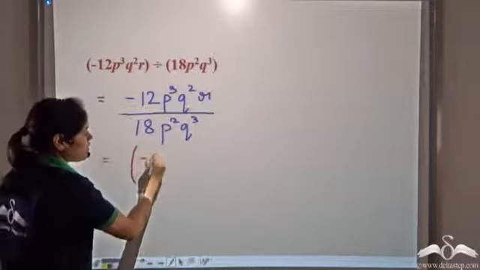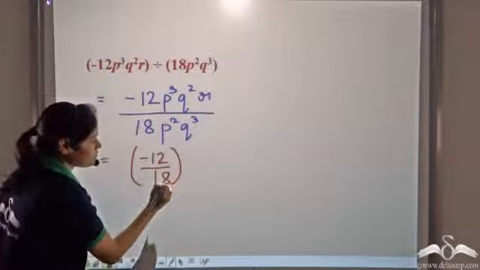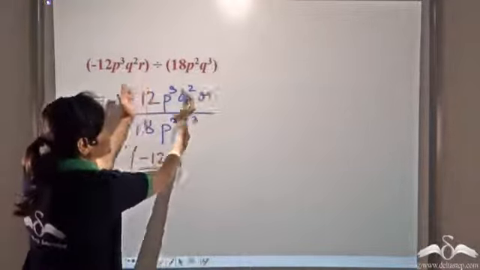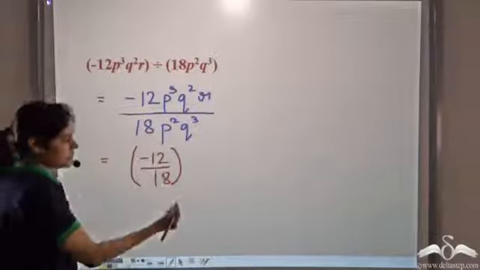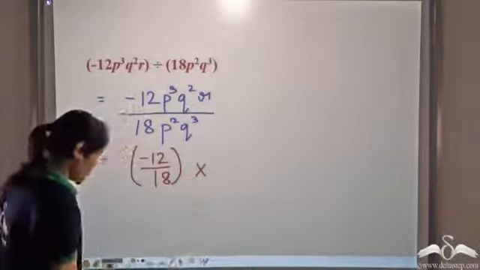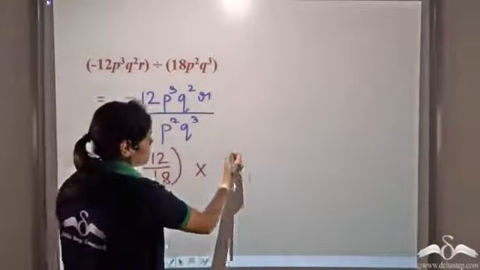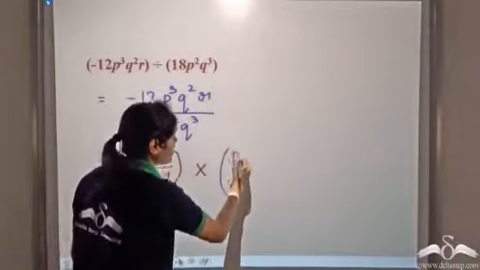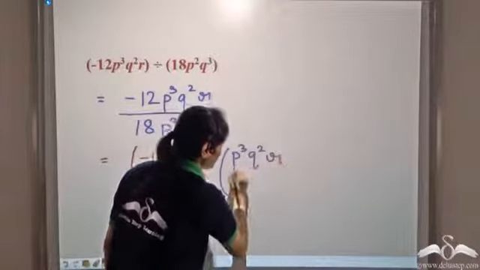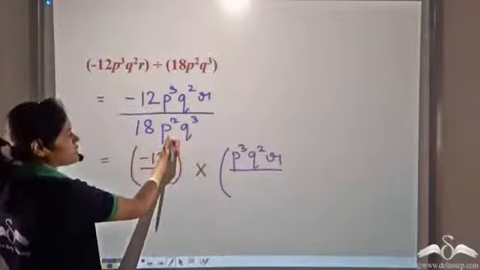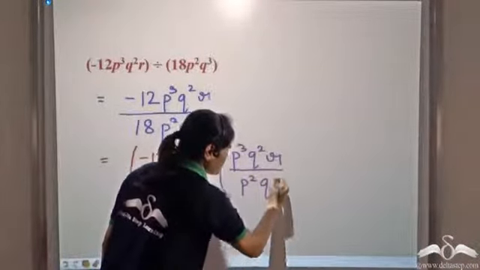So negative 12 divided by 18, and then this thing is multiplied by this thing. So we place a multiplication sign and p cube q square r divided by p square q cube.